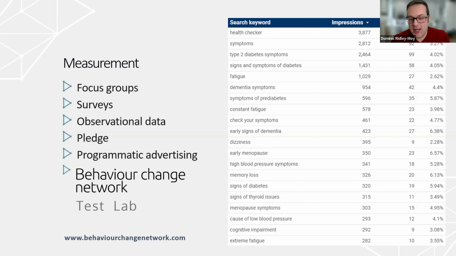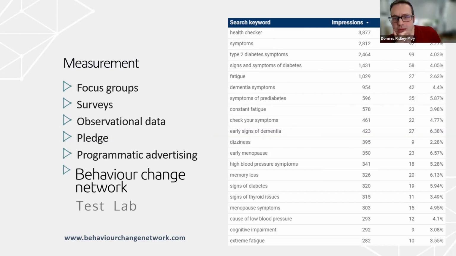They can be quite easy ways to measure behaviour, and then using things like focus groups to go much more in depth and think about what is really happening.